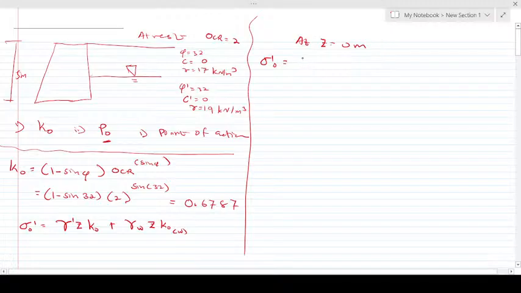Our gamma at z equals 0, we are over here, 0 meters. What's the gamma over there? We have 17, at a distance of 0. What's our K naught? 0.6787, plus gamma of water being 10.